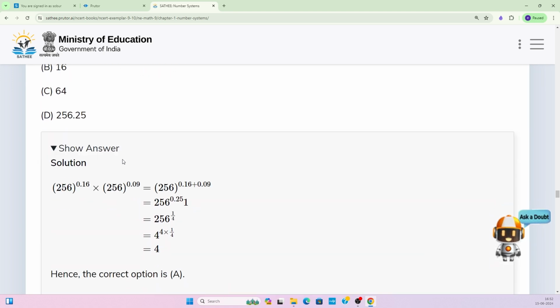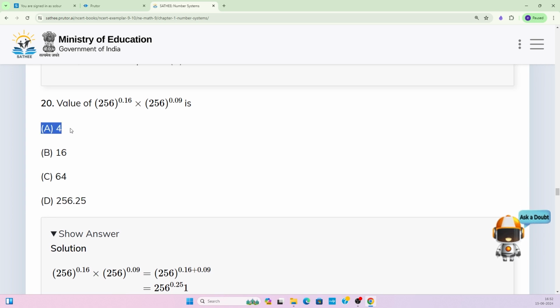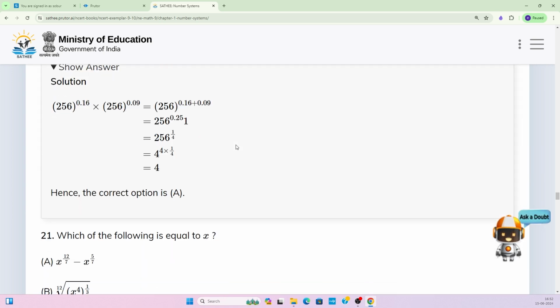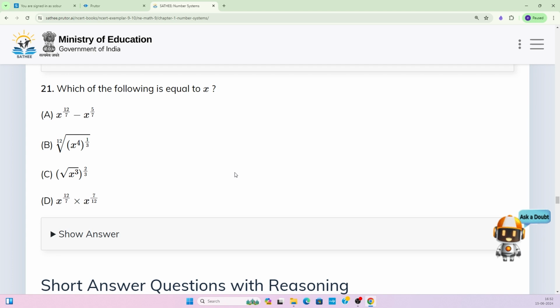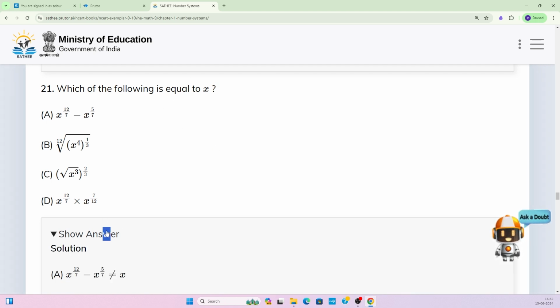Okay, so hence the correct option is option number A. Now let us move to the next problem. So in the next problem, which of the following is equal to x? Okay, so let us find.